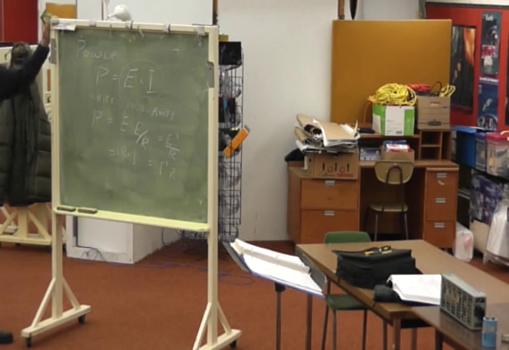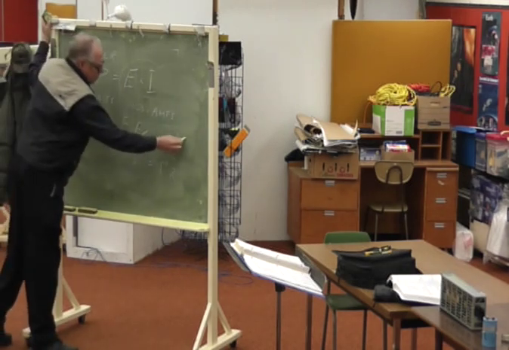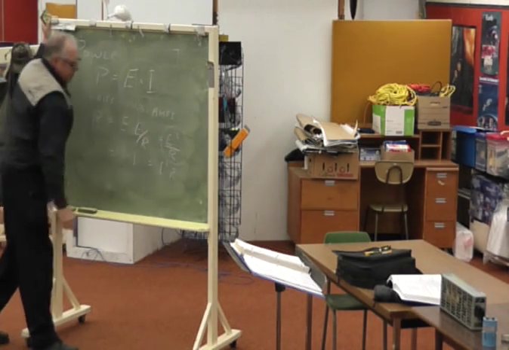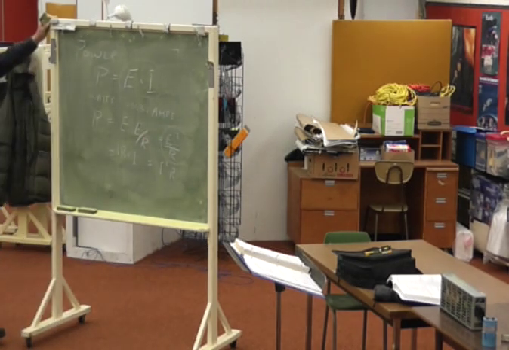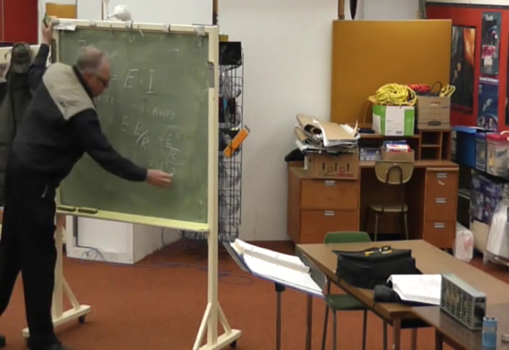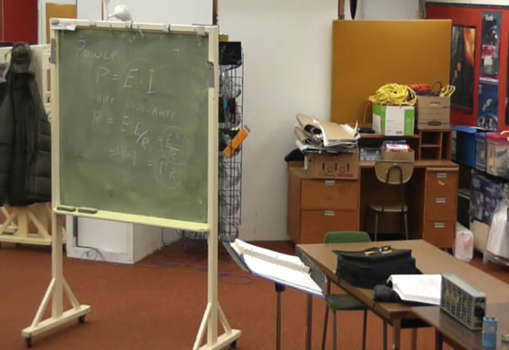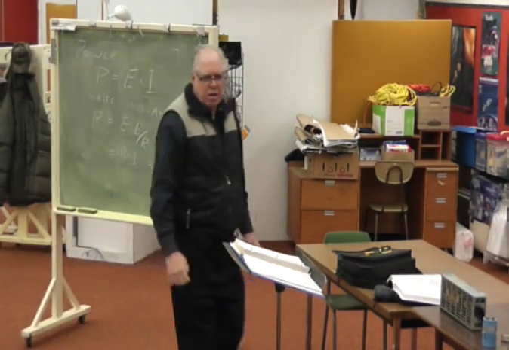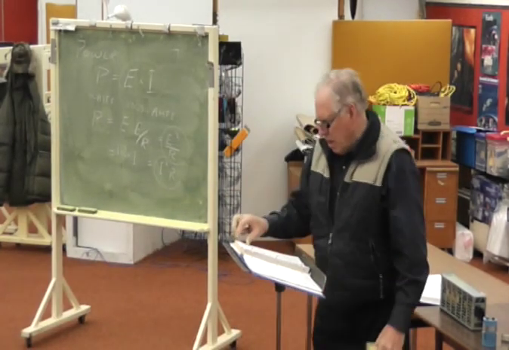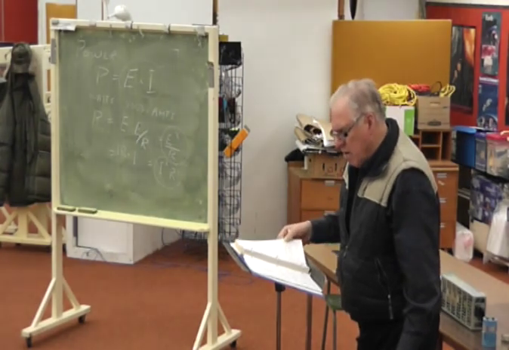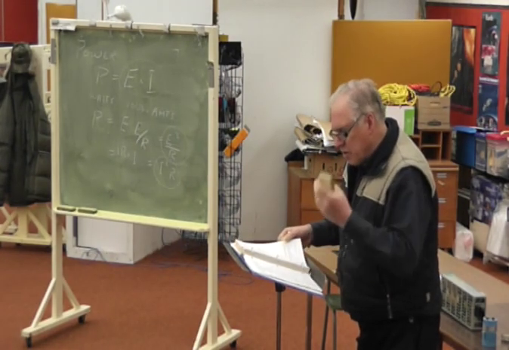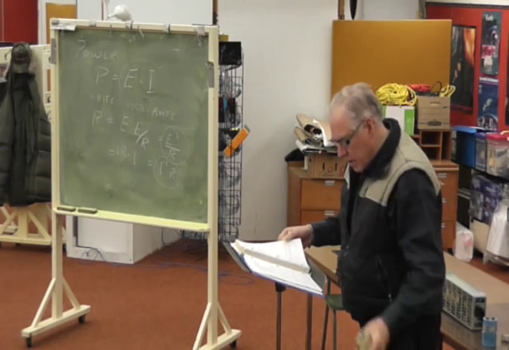Volts times amps, volts squared divided by the resistance, or the current squared times the resistance. And those three forms, they're all on page 310.